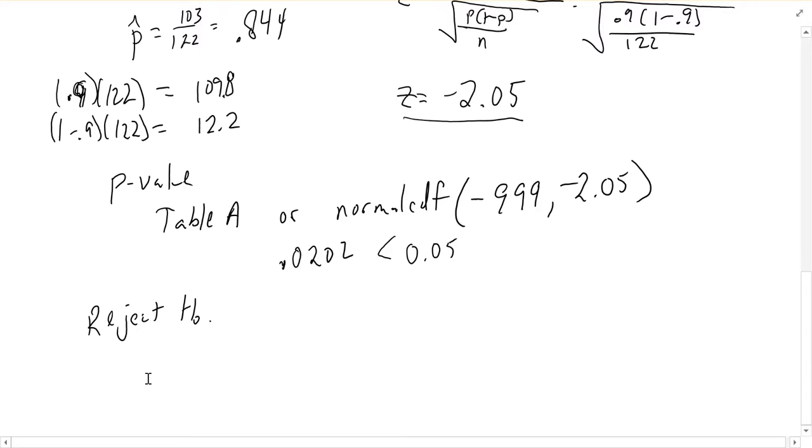Let me make the font nice and big here so we can read it. Reject H0.